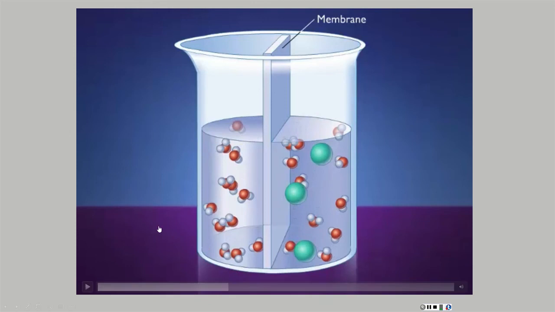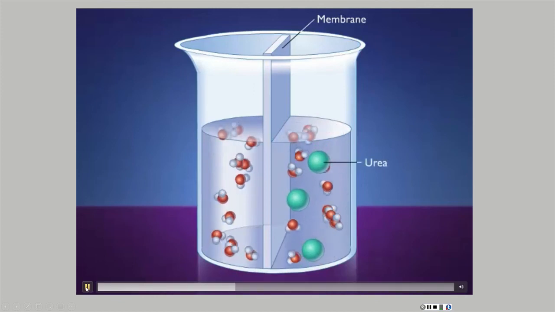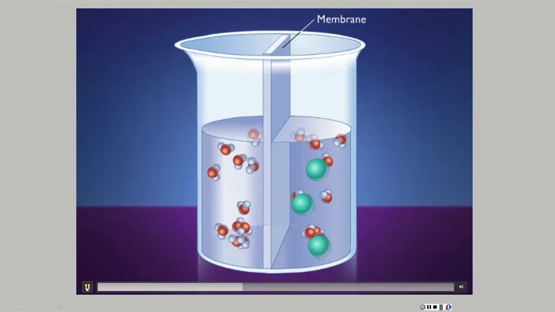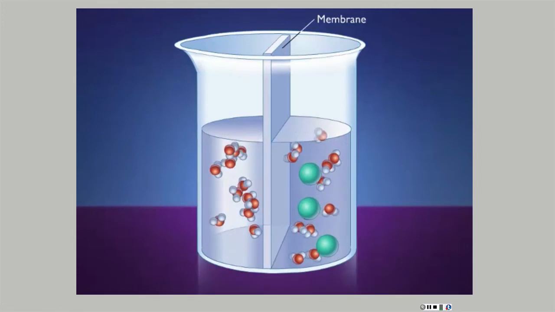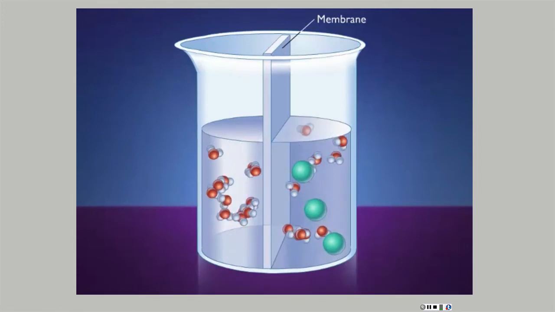But now we've got some really big molecules here. These are urea. It could be anything as long as it's really, really big. And we see that it cannot cross the membrane.